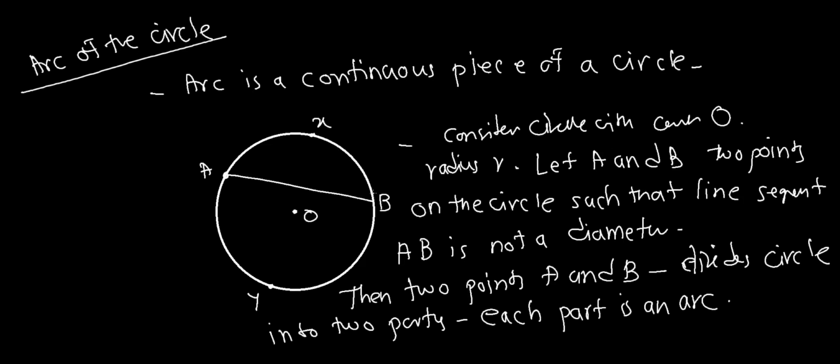So this one and this one. These are arcs of the circle, and based on the point plotted on those sides, we can describe them as AXB and AYB, and they are denoted by this sign. So AXB is an arc of the circle, AYB is an arc of the circle.